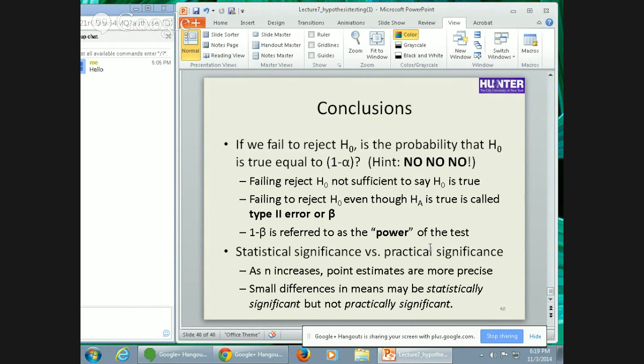That tells us if we reject the null hypothesis, what's the probability of our being wrong. But it doesn't tell us anything about if we don't reject the null hypothesis, what's the probability of being wrong.